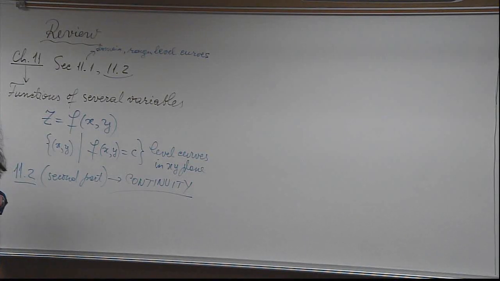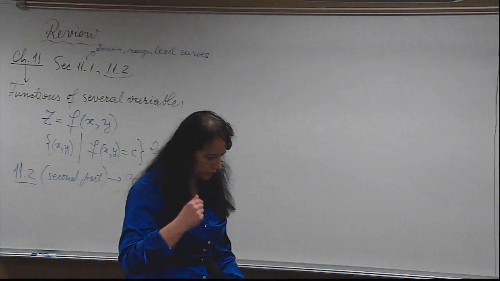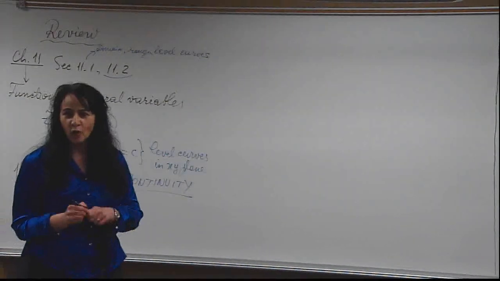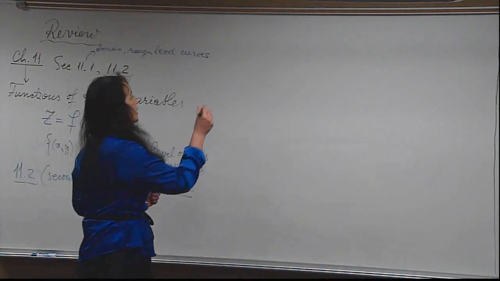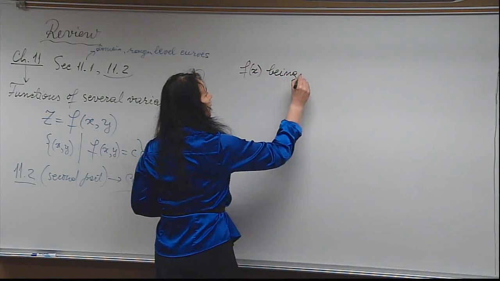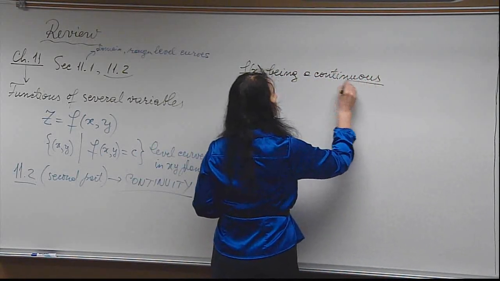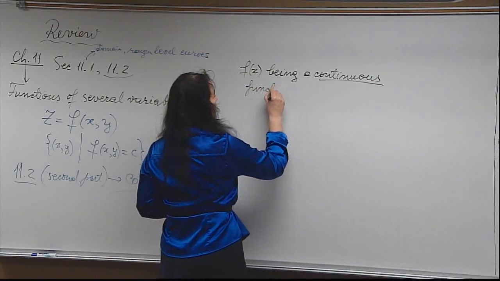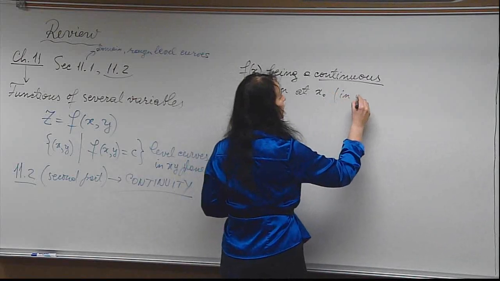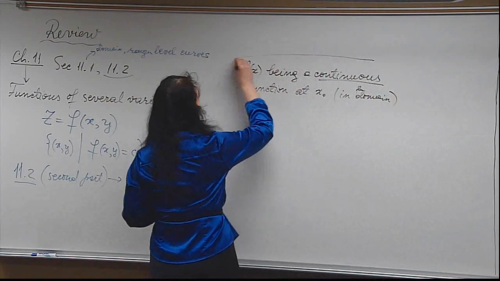Now, in Calc 1, you reminded me last time, I tried to remind you, you tried to remind me. Let's remind each other. This is like a discussion. What was the meaning of f of x being a continuous function at x0, which is part of the domain? x0 has to be in the domain.